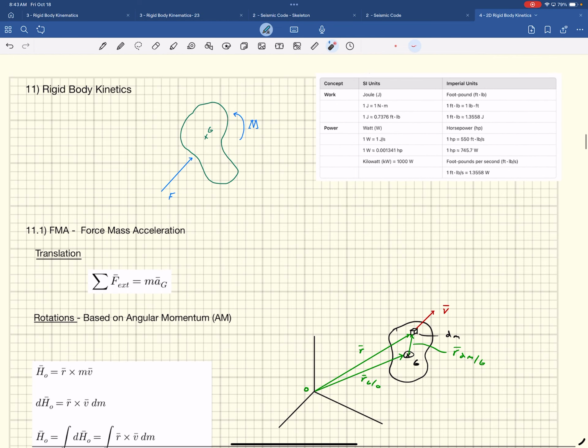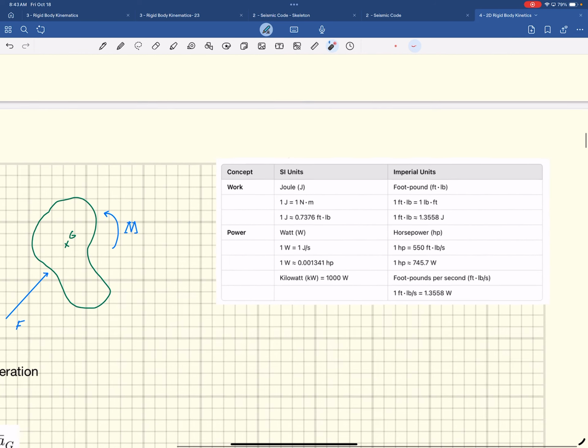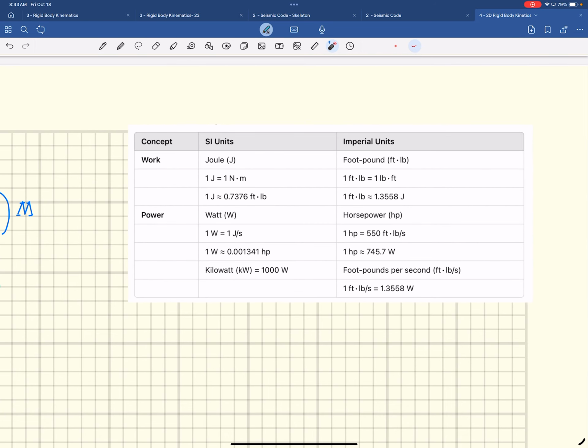Okay, so side note, me and Chad had a discussion because there were lots of questions about units of work and units of power, and I myself was confused. Well, let's discuss this for a second. So work is a joule, right? It's the amount of energy it takes when you apply 1 Newton over 1 meter. That's a joule.